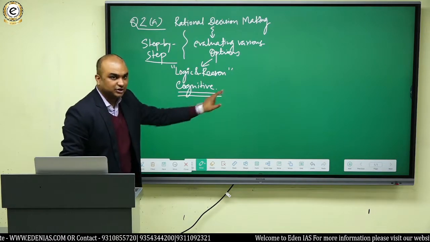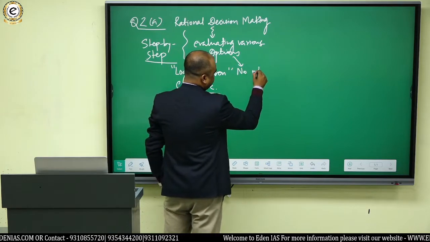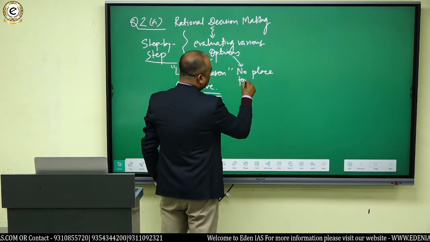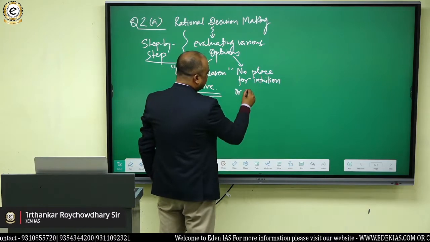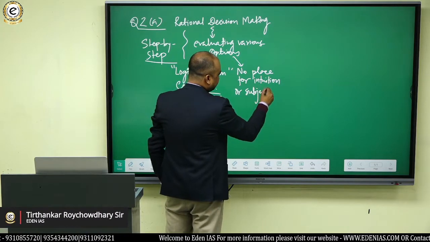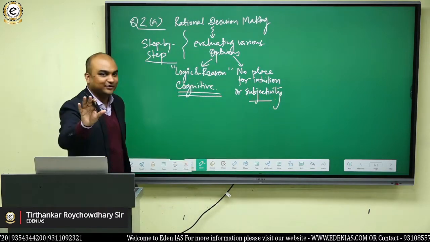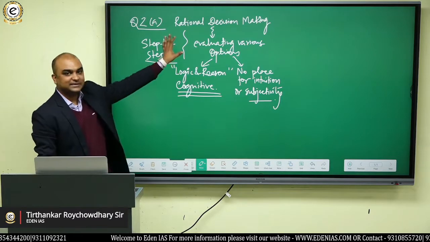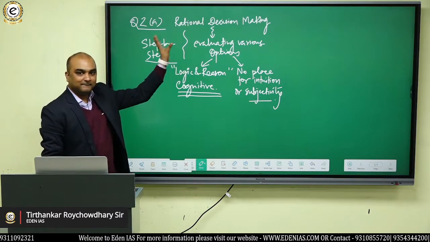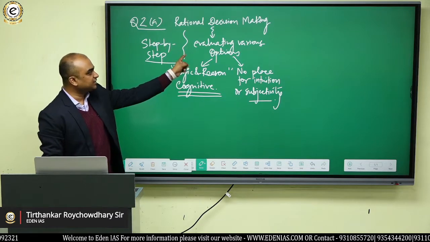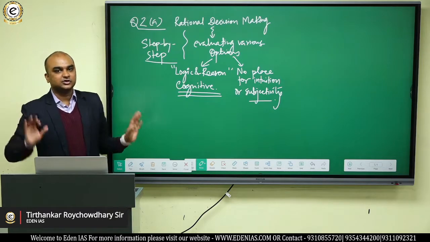In such decision making, there is no place for intuition or subjectivity. Keep this in mind also. Now look here, friends. What am I saying? I'm saying that rational decision making is a methodological process in which we evaluate various options before we come to the conclusion.